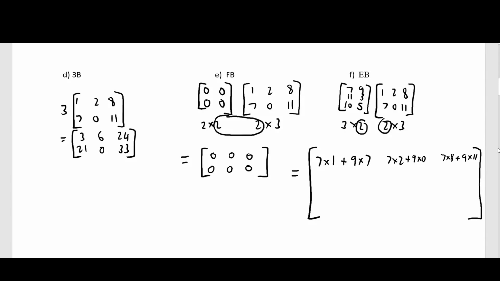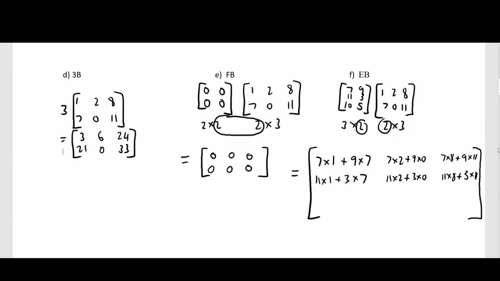Okay, next we're going to have 11 times 1 plus 3 times 7. We have 11 times 2 plus 3 times 0, and 11 times 8 plus 3 times 11.